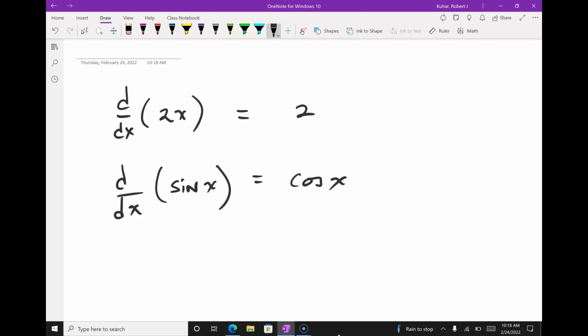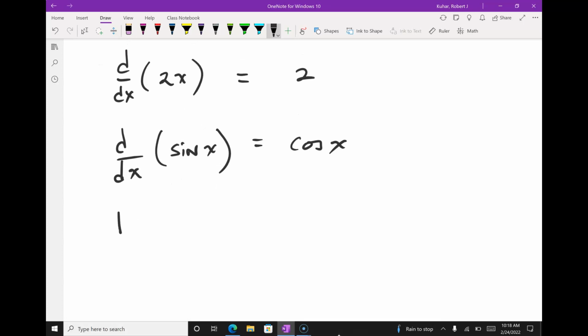Cosine of x. If I do d dx of y squared, what do I get? 2y. Remember, the outside function is something squared. So 2 times that something, now times the derivative of the inside, y prime.